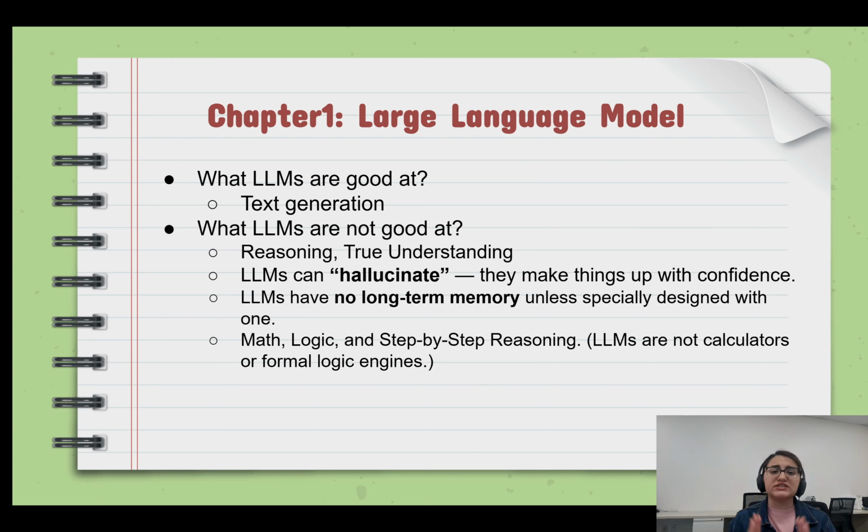But there are also some tasks that they are not good at. It's really important to know the LLM's restrictions because this way you can help the LLM to generate more reasonable answers. The first thing is that LLMs are not good at reasoning or true understanding.